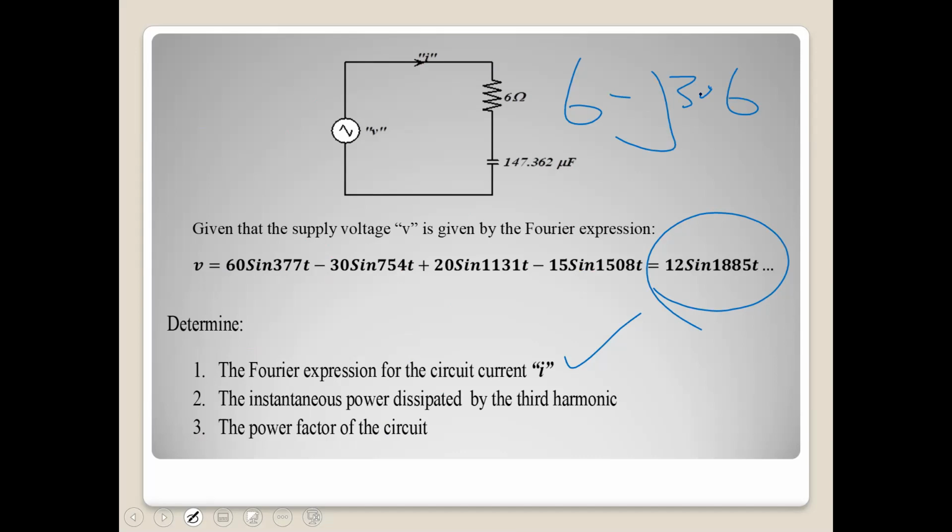All right. Next, we are asked for the instantaneous power dissipated by the third harmonic. Now, how would I find the power dissipated by the third harmonic? What would be the formula for the power dissipated by the third harmonic?